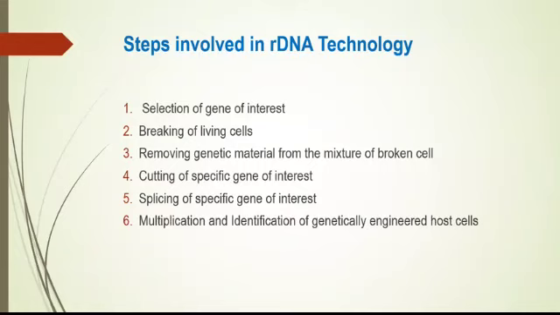The third step is removing genetic material from the mixture of broken cells. Next is the cutting of the specific gene of interest. Fifth step is splicing of the specific gene of interest. And the last step is multiplication and identification of the genetically engineered host cell.